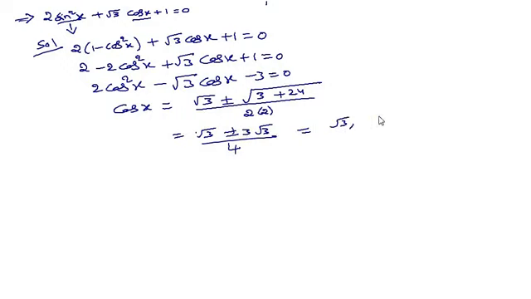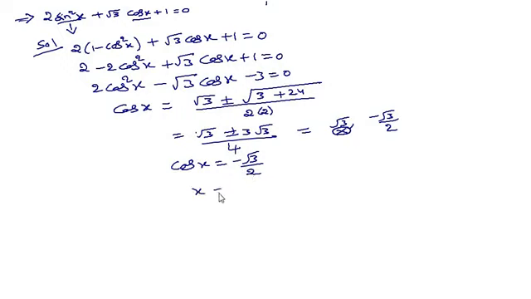If you take minus, it will be negative root 3 divided by 2. You can see root 3 is more than 1. That's why it is impossible for cos to achieve more than 1. It is impossible. So cos x should be negative root 3 divided by 2.